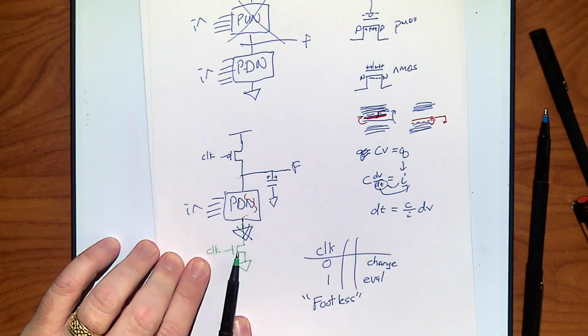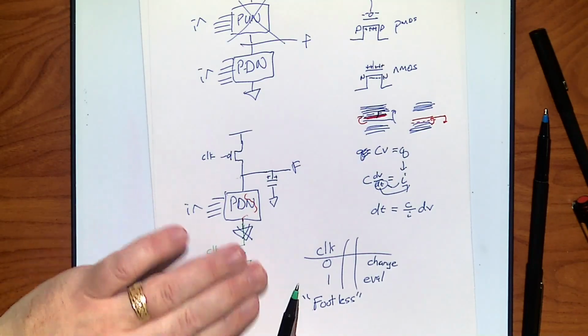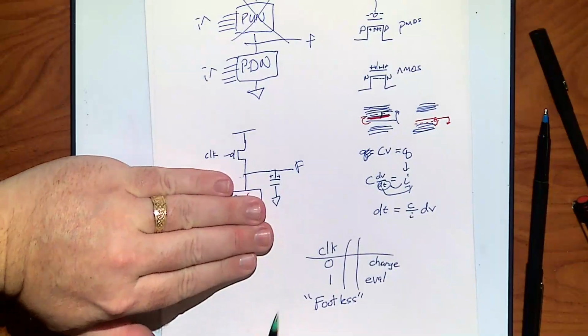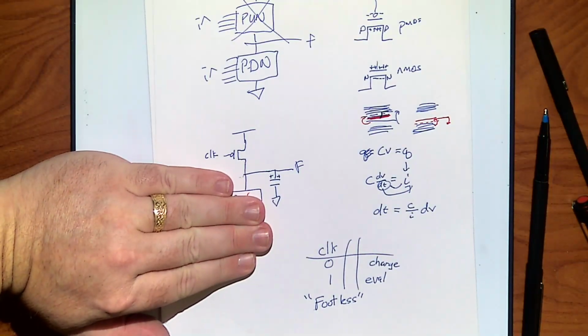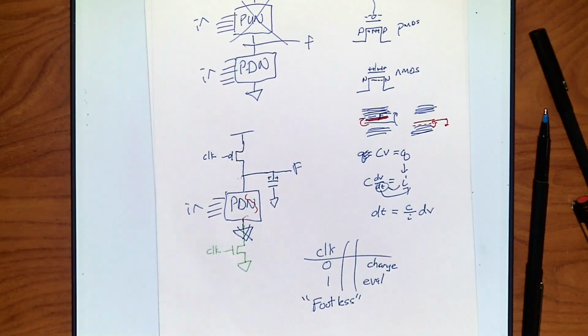So I get a P channel, not an N channel, so this is off. So if clock is 0, this is off. If this is off, it's disconnected from ground and this whole network disappears. Does that do what I want? It does exactly what I would like, right? So clock is the right thing.